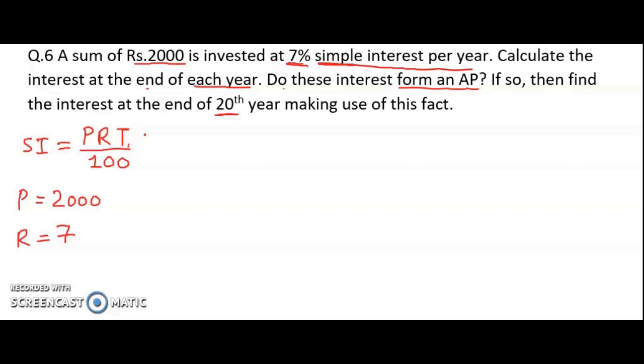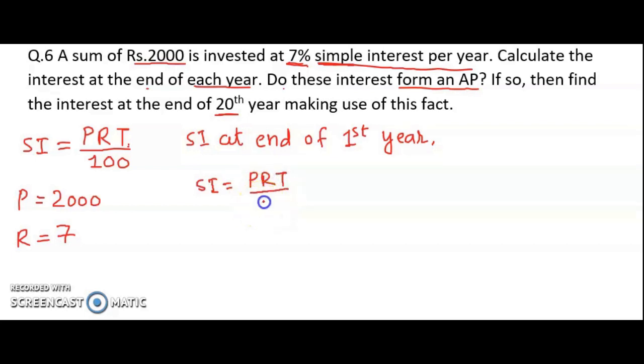So let's find out the simple interest at the end of the first year. So here we know the formula PRT divided by 100.